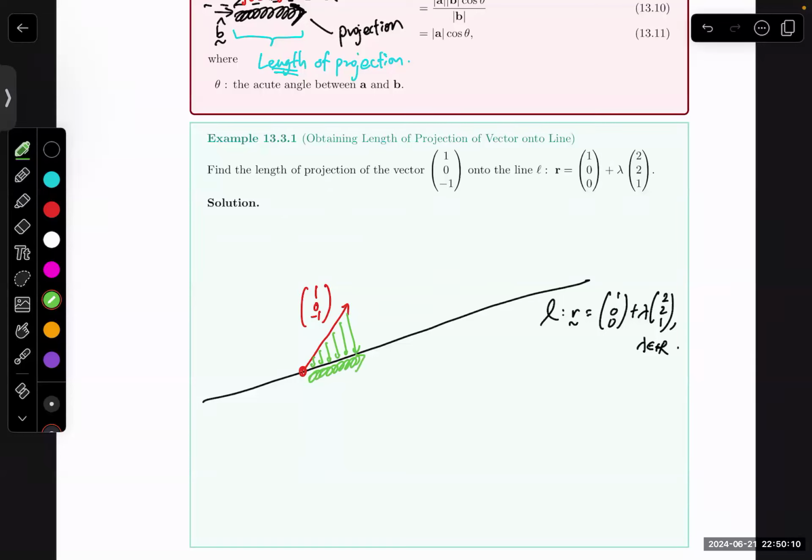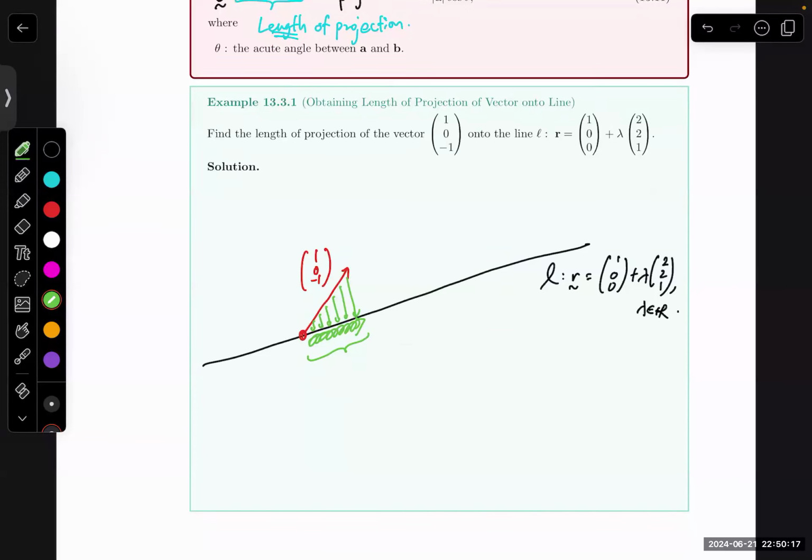I want the length of this squashed vector. So let's find that. How do we find that? First of all, I need to build my projection. What is the projection? The projection is the vector dot the direction, not this direction vector, it's the direction of this vector.